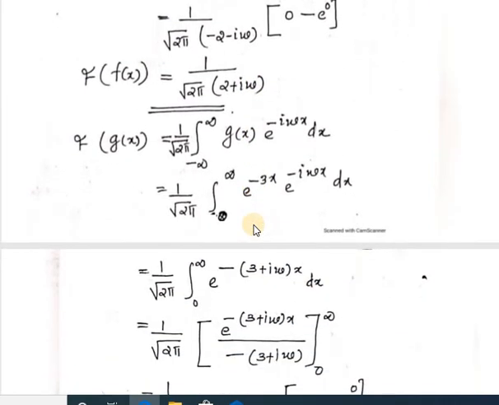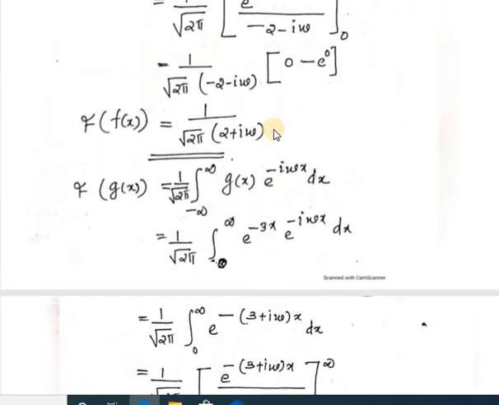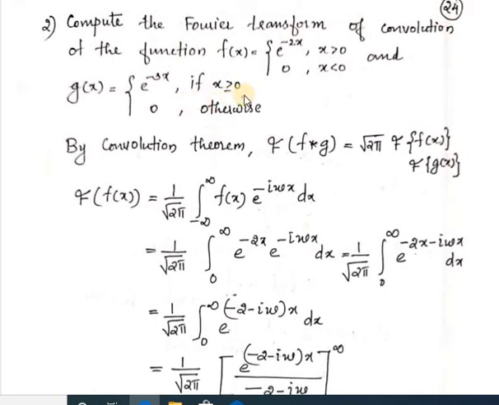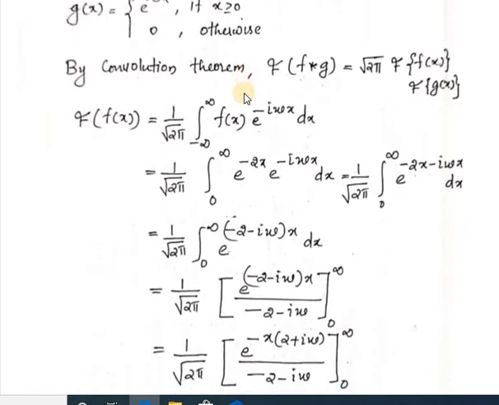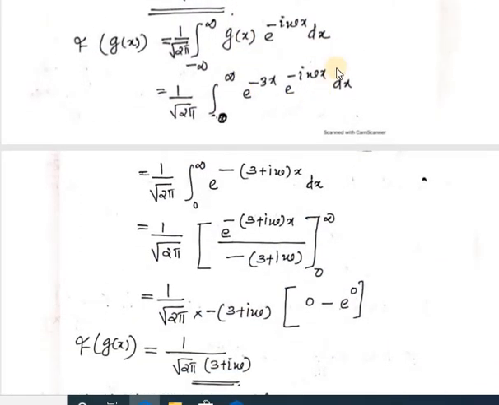Similarly, we can find the Fourier transform of the second function g of x. That is, g of x is e raised to minus 3x, and it is defined for x greater than or equal to 0, that is from 0 to infinity, and the function is e raised to minus 3x. So we can substitute the value, e raised to minus 3x, e raised to minus i omega x, from 0 to infinity. Now we can add the powers and take the minus x outside, so it becomes (3 plus i omega) into minus x.